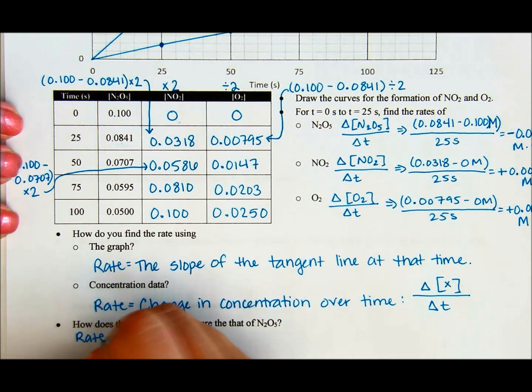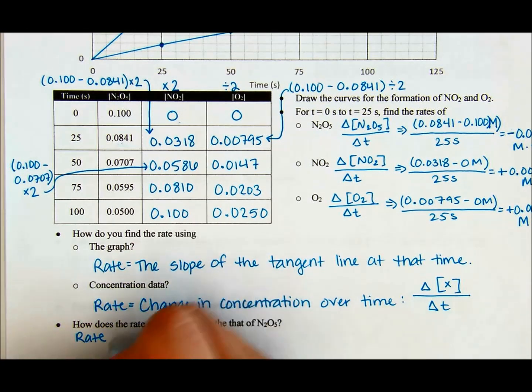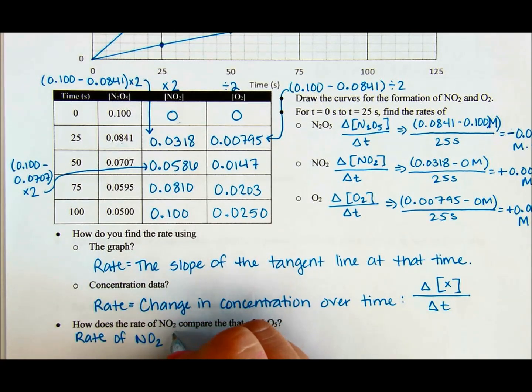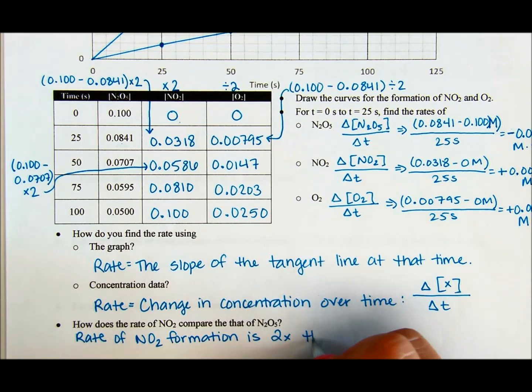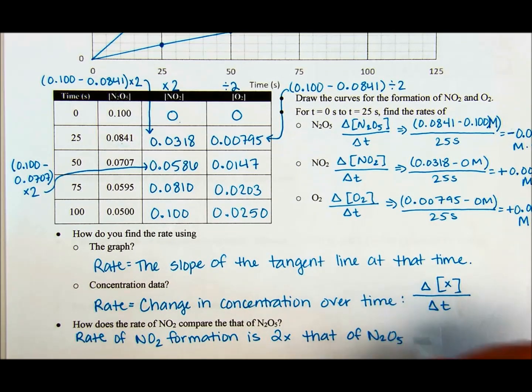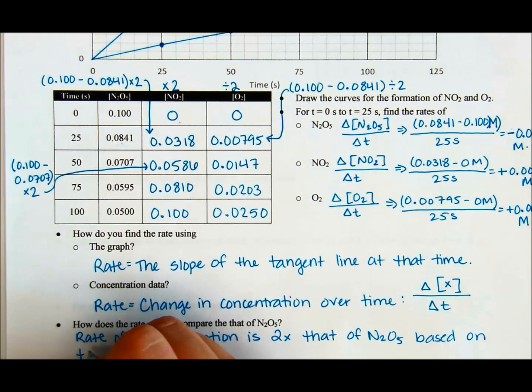So the rate of NO2 formation is 2 times that of N2O5, based on the balanced equation.